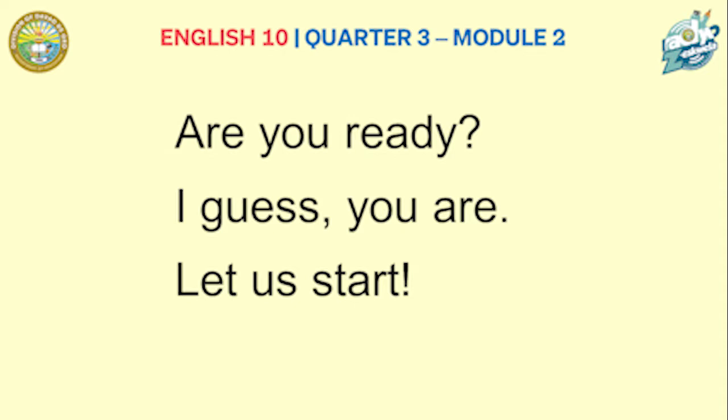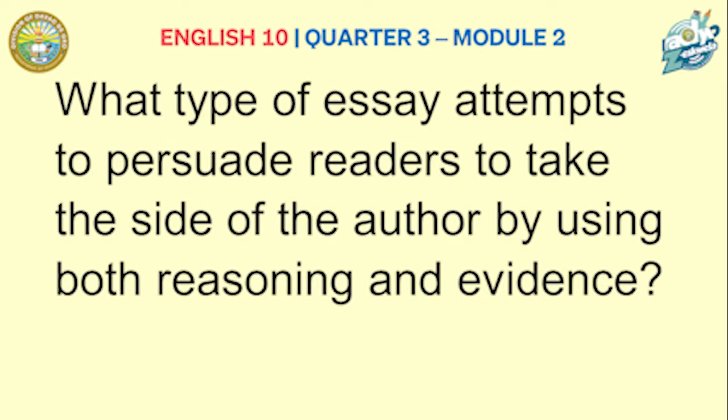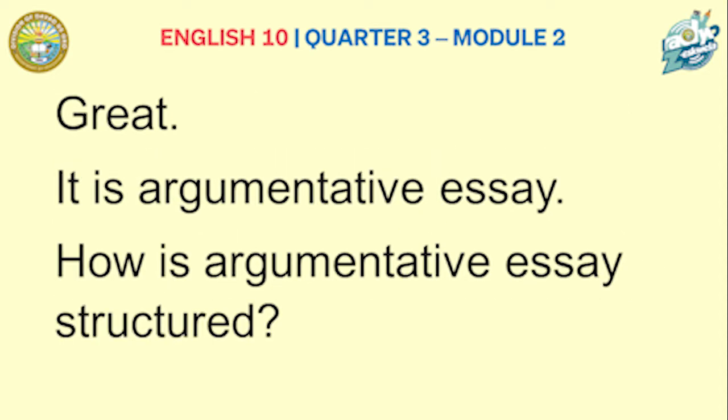Let us start. Let's first have a simple recall of our previous lesson in English 10. What type of essay attempts to persuade readers to take the side of the author by using both reasoning and evidence? Great!